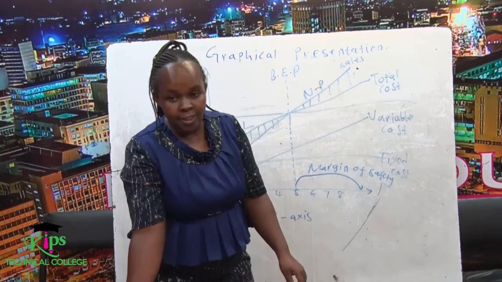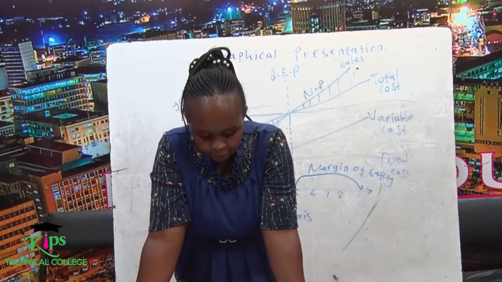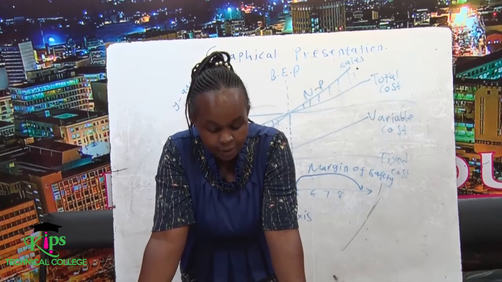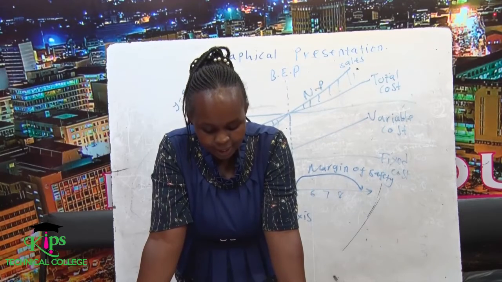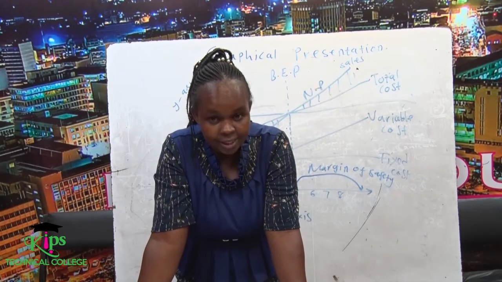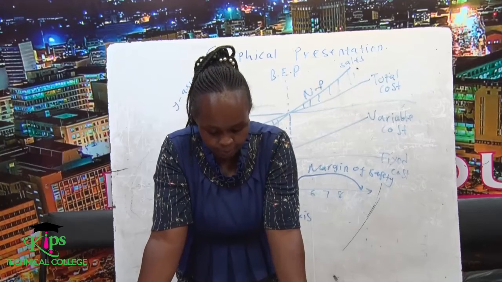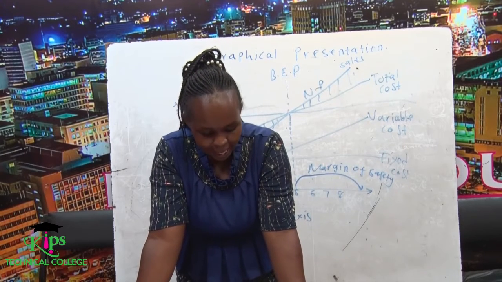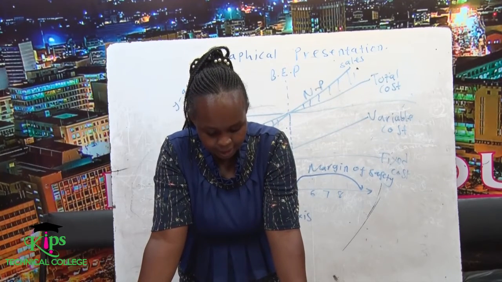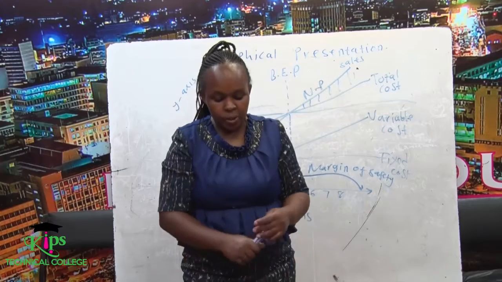The margin of safety represents the difference between the actual level of activity and the break-even level of production or activity. Or it is the range of output between the break-even point and the actual output achieved. So we have a calculation there.